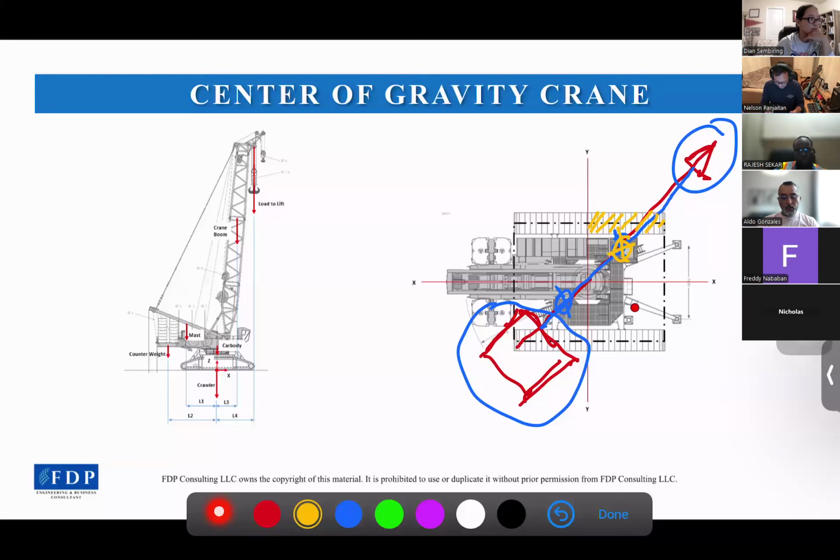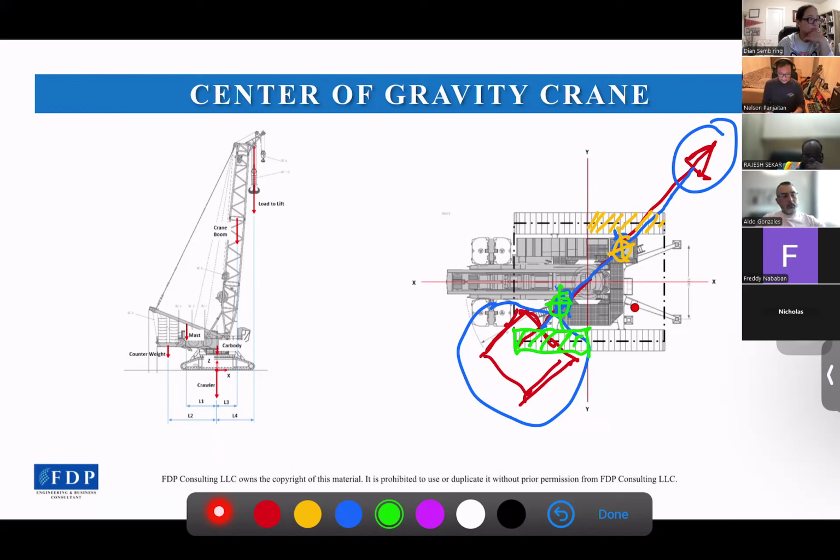If the COG is at the rear, then more pressure will be taken by this track. Correct. So that's the analogy to get the bearing pressure.